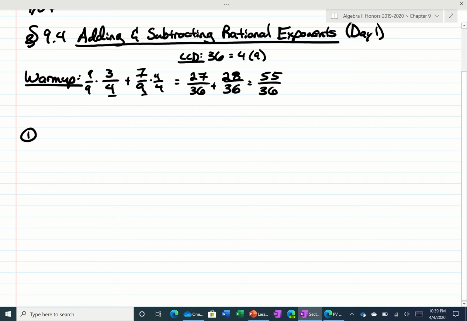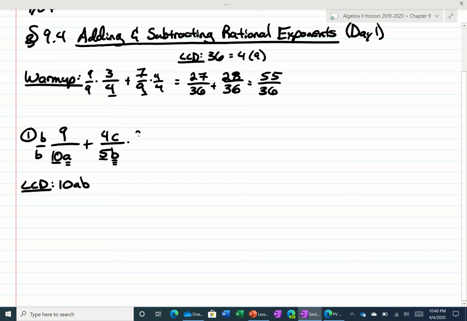So I have 6 problems for us today. First one says 9 over 10a plus 4c over 5b. So think about what the least common denominator is between 10 and 5. The answer is 10. But we need a factor of a and we need a factor of b. So the LCD, in order to combine these two fractions, we need to have 10ab. So I have to multiply this fraction by b over b.